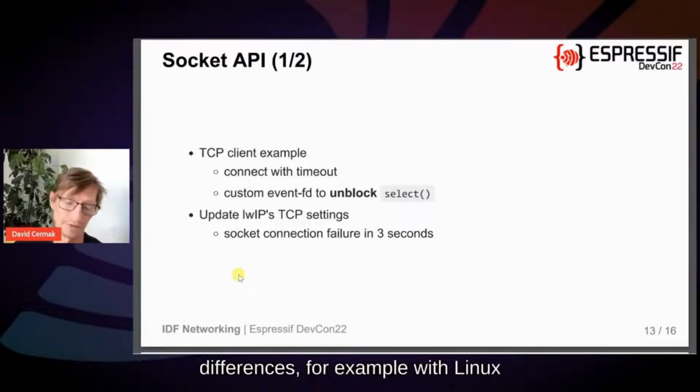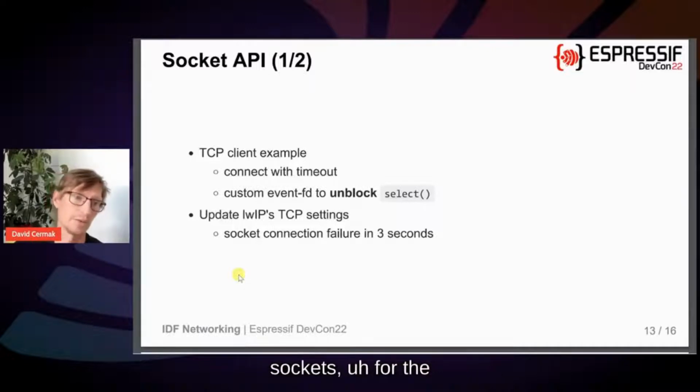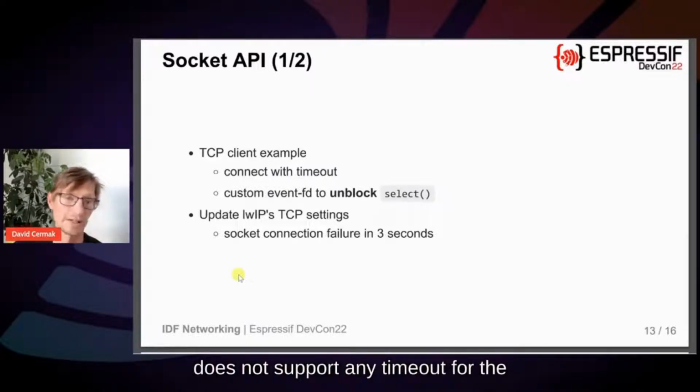For example, with Linux sockets, for the blocking sockets, LWIP does not support any timeout for the blocking sockets. But there are ways to make the connection fail after some timeout.